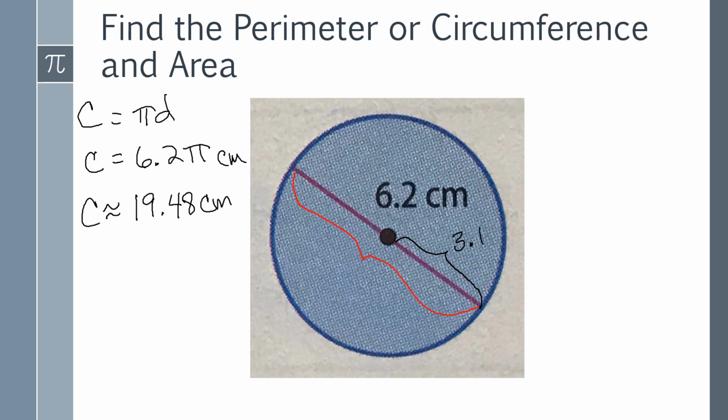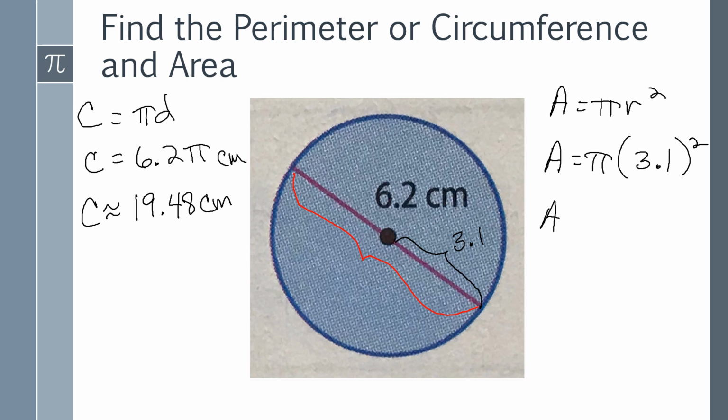So now area is equal to pi times the radius squared. So my area is equal to pi times 3.1 squared. I could take my calculator and just take 3.1 and square it, and I get 9.61.